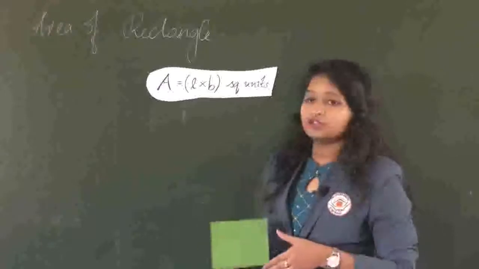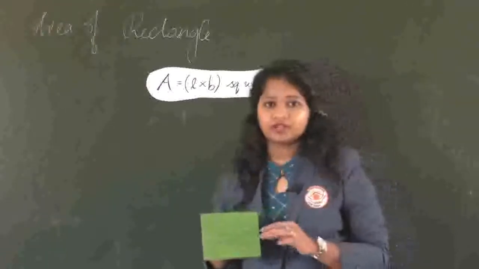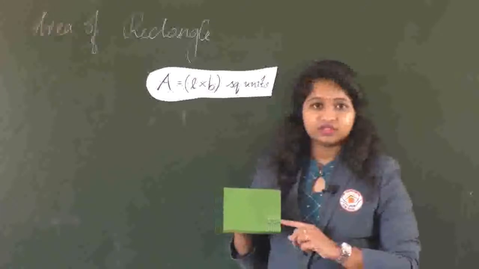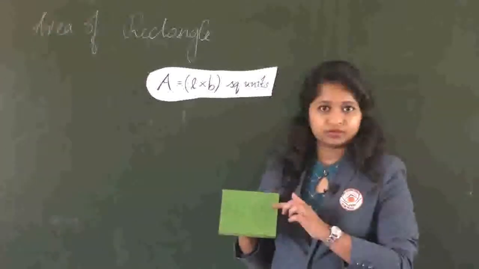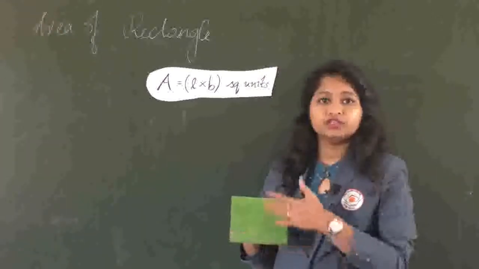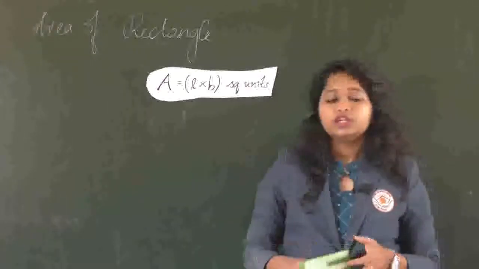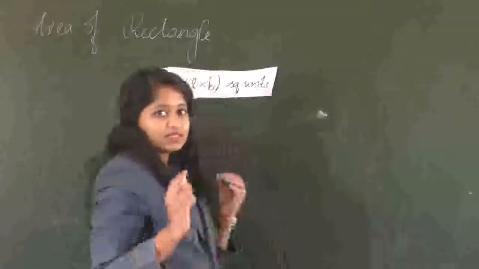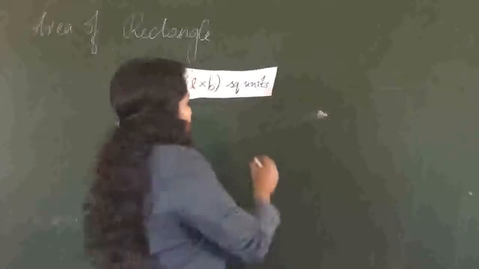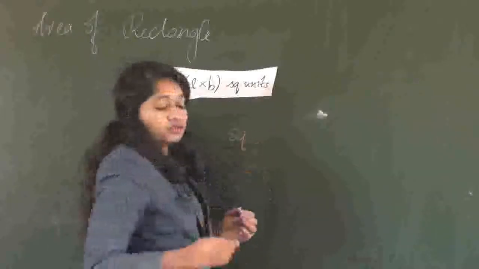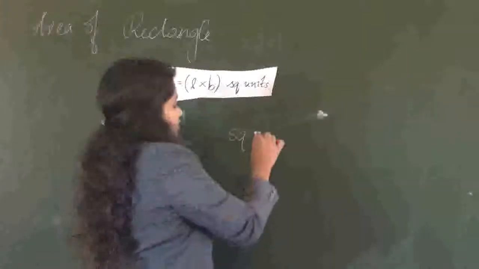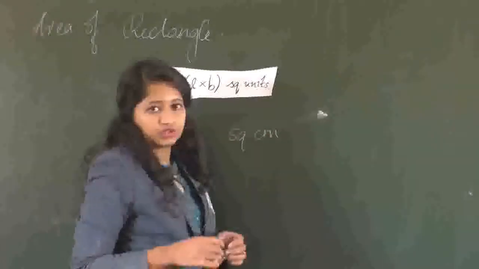Okay. So in the case of a rectangle, the area of a rectangle is length into breadth, square units. So if the unit is given as centimeter, then you should write the area's unit as square centimeter.